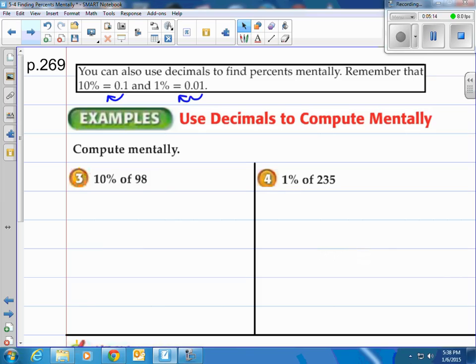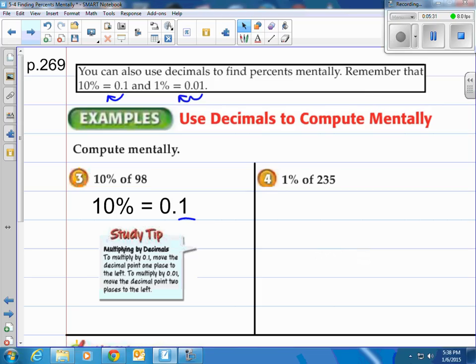So when we compute mentally here, 3 and 4, you'll see that we're just moving the decimal in the number that we're trying to find the percentage of.